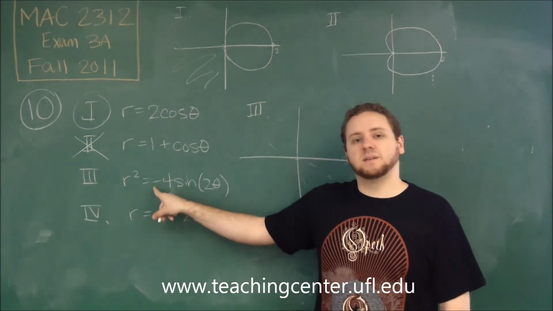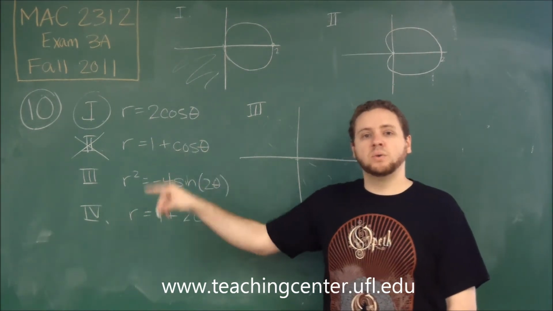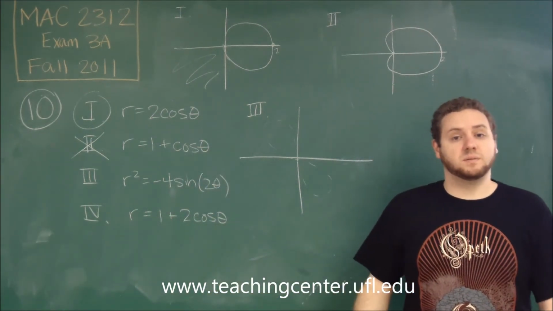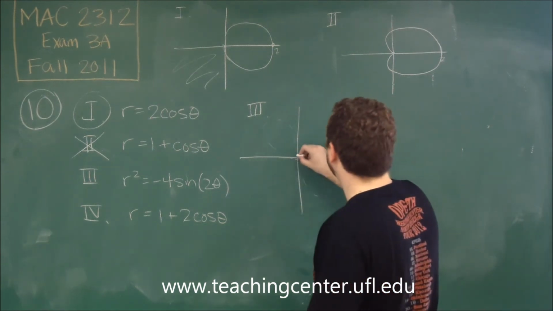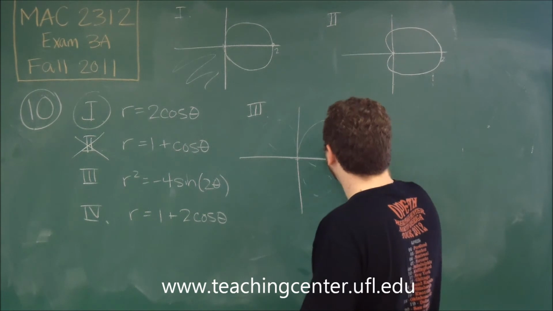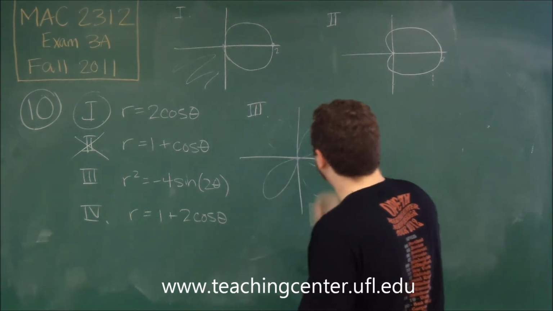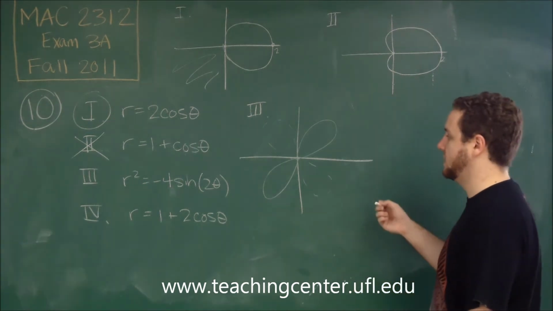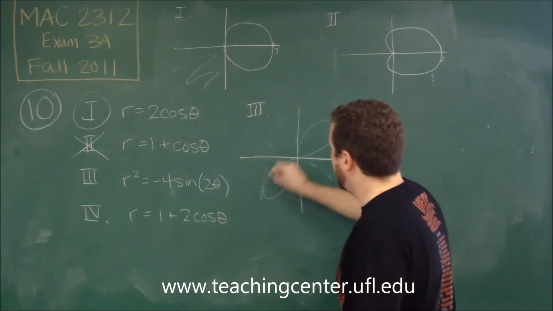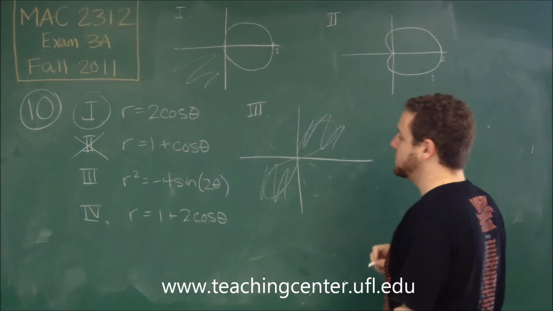But if we throw the negative sign in front, then those values are the ones that would give us a positive value, and those are the correct ones. So your normal sine 2 theta graph looks something like that. R squared equals constant sine 2 theta. So we don't have that for this one.